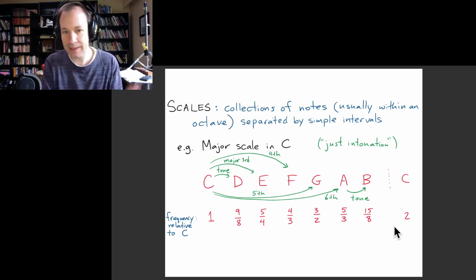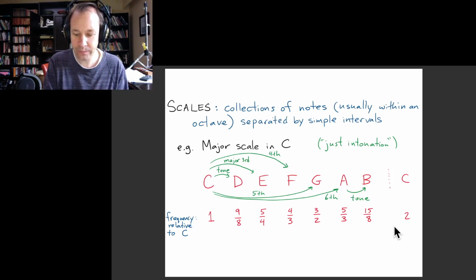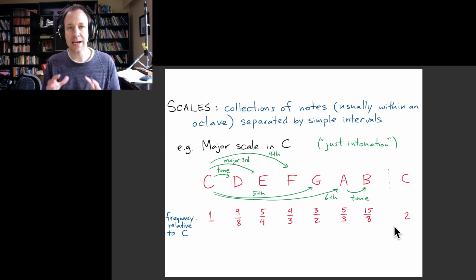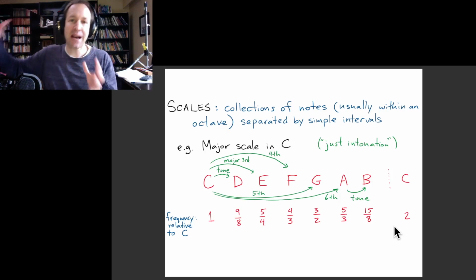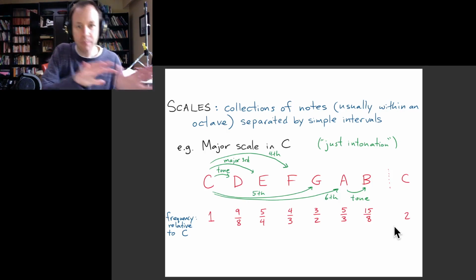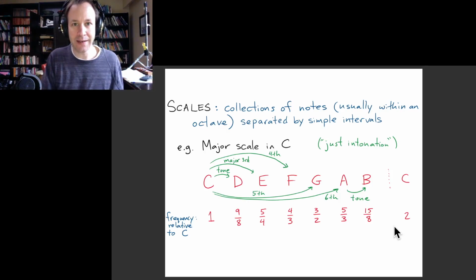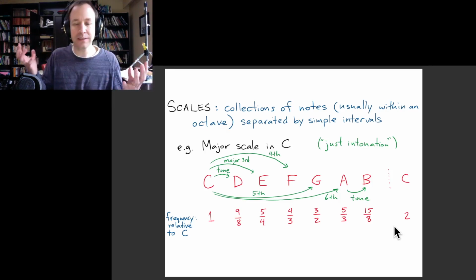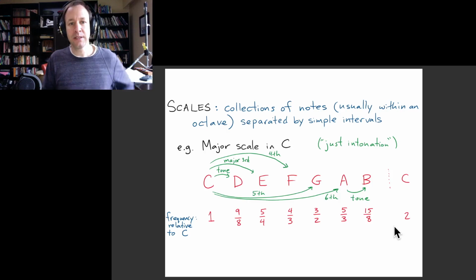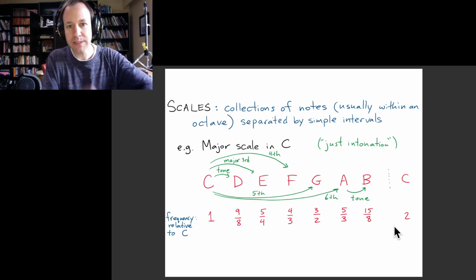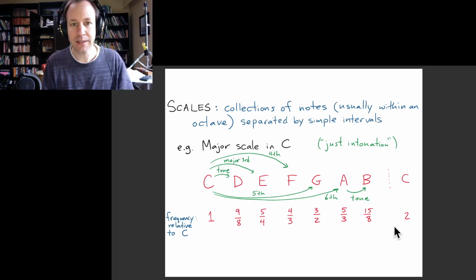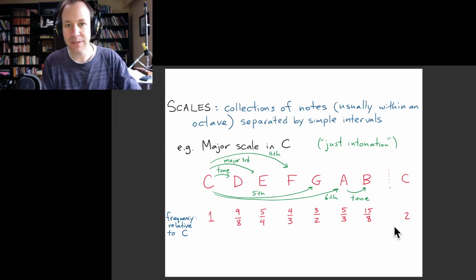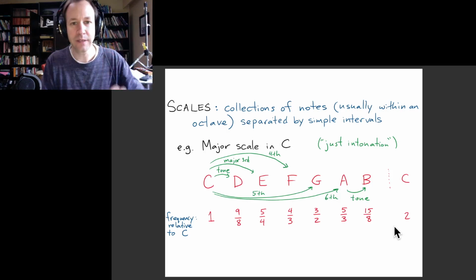So if I start that on, say, a G, we could recognize it as being the same pattern of pitches, just moved upward by a fifth from the original scale. So this is generally how scales work. You just choose some particular collection of notes within an octave. It could be 5 notes or 7 notes or even 12 notes.